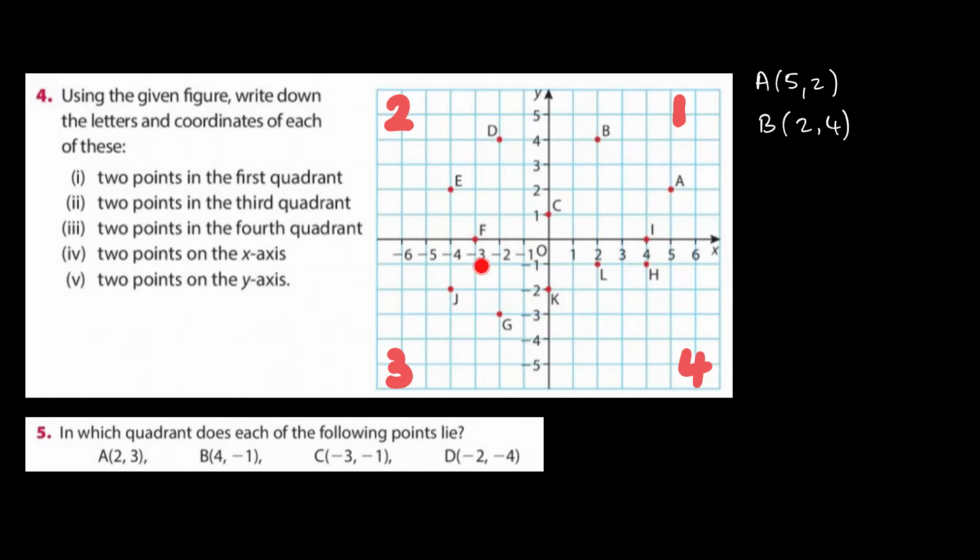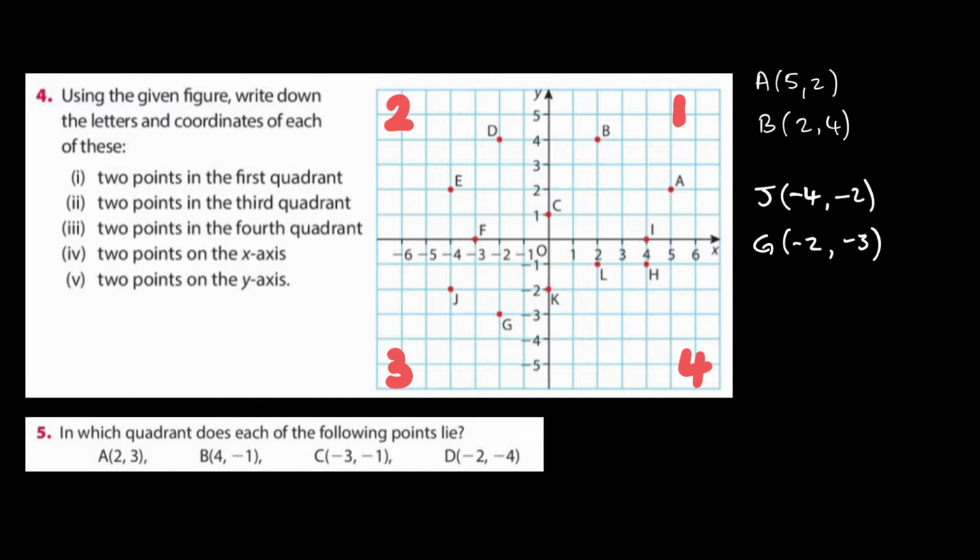But if I was doing this in an exam, I'd probably use the 2 most obvious ones, and those are J and G. J has an x value of -4 and a y value of -2. And G is the next one. G has an x value of -2 and a y value of -3.